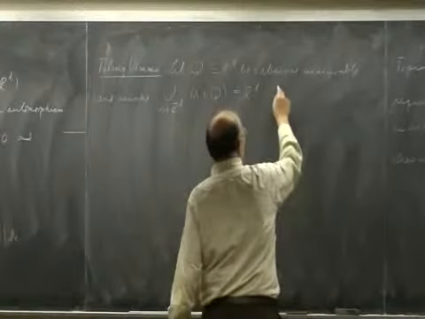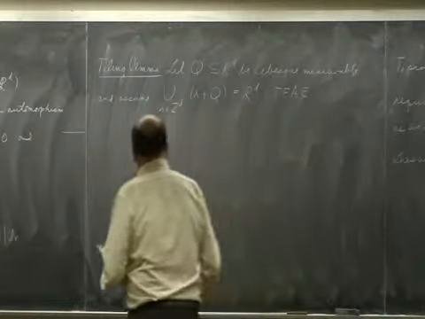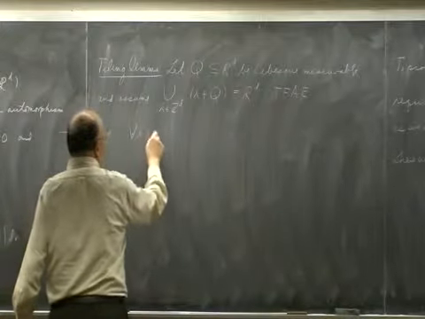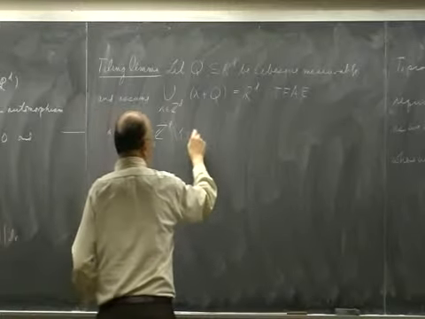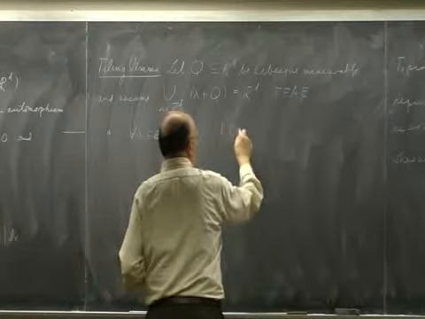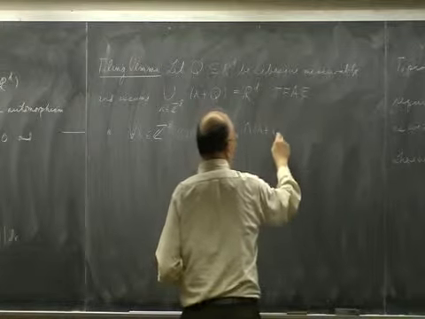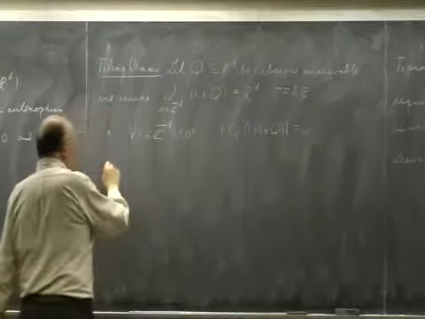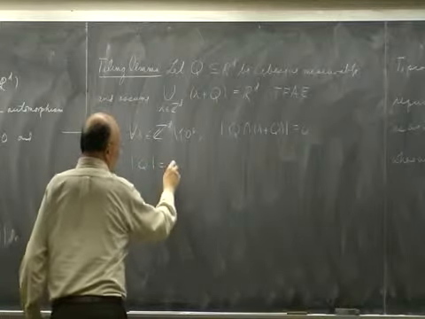The following are equivalent. Namely, for every lambda in Z^d, excluding the origin, the measure of Q intersection lambda plus Q has measure 0. And that's equivalent to the measure of Q being equal to 1.